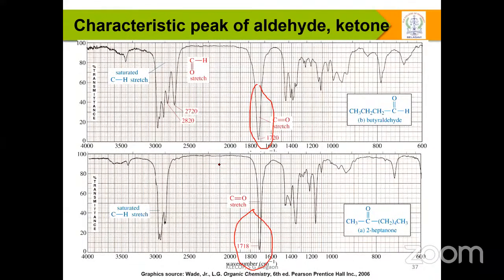But the stretch of the acidic proton I'm not going to observe in a ketone. Most of the time in MSc or viva questions, they ask how you differentiate aldehydes and ketones with IR spectroscopy.